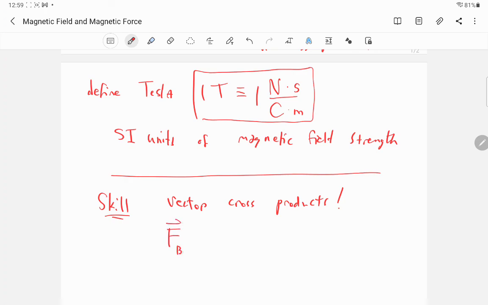So it's the magnetic force, Q, V cross B, where, for example, if you're given the charge and the velocity of that charge and the magnetic field vector, you can calculate the magnetic force, right? So we'll have some examples in a following video.